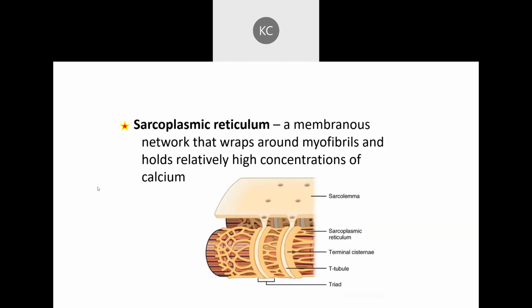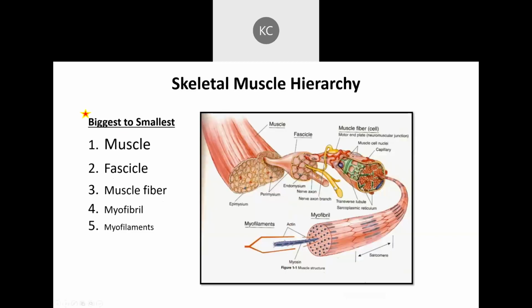of the cell, right? So if we look here, we can see this hierarchy that we've mentioned a few times. So muscle, muscle fascicle, muscle fiber, myofibril, and myofilament. So what we'll do is we will spend most of our time down at the level of the myofibril and the myofilament level. So this area here and here. So it's this structure here and these small proteins that you see here.